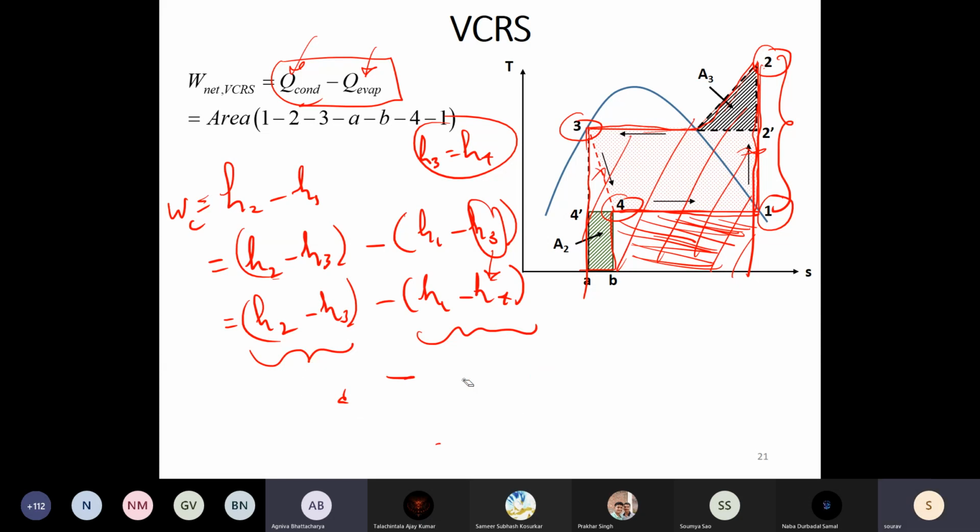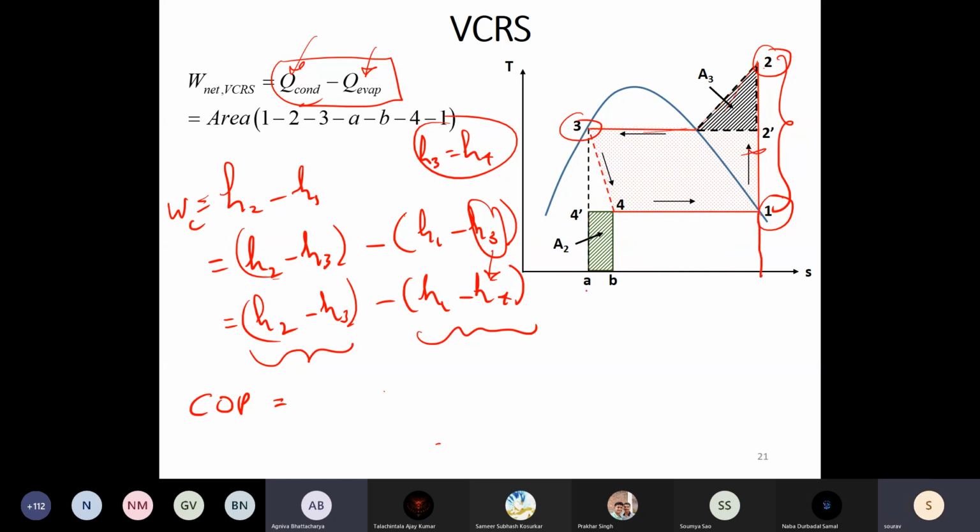So now if you compare the cycle that we have now discussed, the VCRS cycle, with the Carnot cycle. In the Carnot cycle, if I had written the COP, I would have written the refrigeration capacity as the area under this big rectangle. Okay, so let's call this AB. If I call it C, A C 1 4 prime.